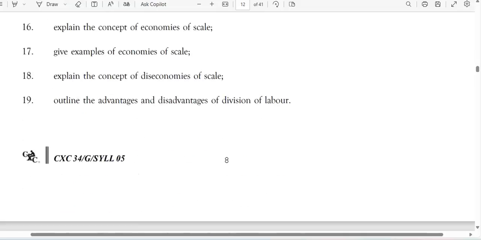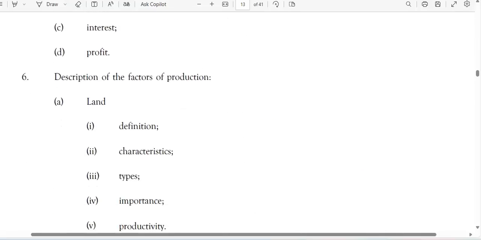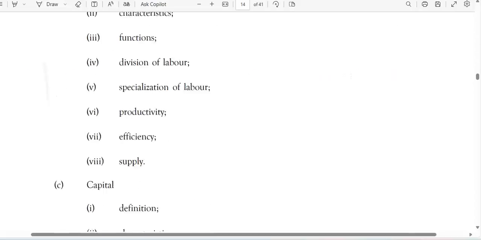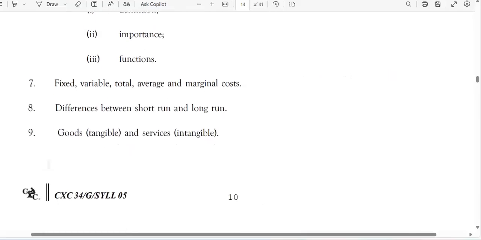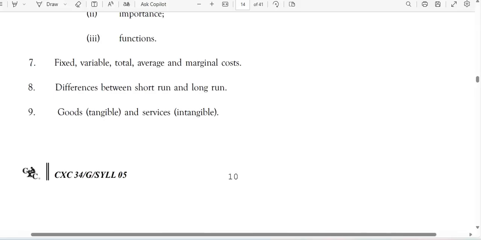And if you're answering this question, you are to talk about fixed, variable, total, average, and marginal cost. All right, so let's go.